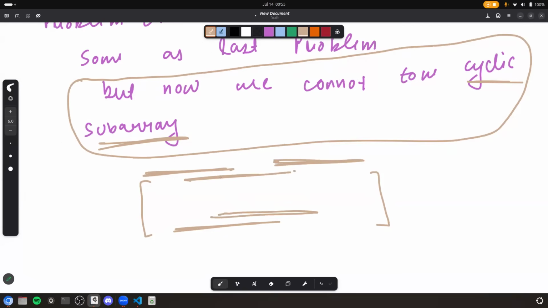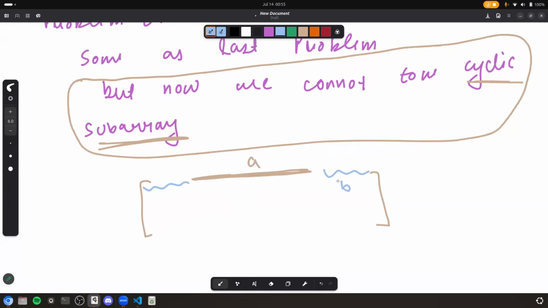Back then, let's say if I choose this subarray, and this subarray has sum A, and the rest of the elements have sum B. If I choose this subarray and multiply all its elements by -1, my total sum would become B minus A, which let's say is positive. So in our last question, we chose the other subarray and multiplied its elements by -1, and now the sum becomes A minus B, which is negative.